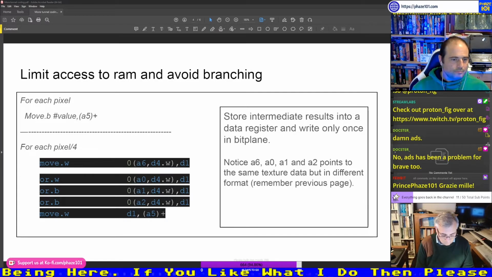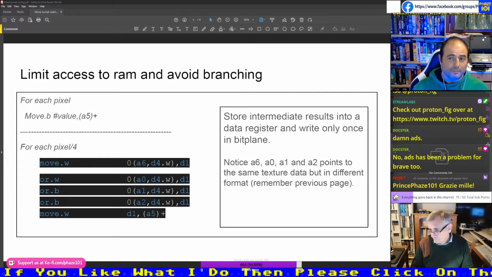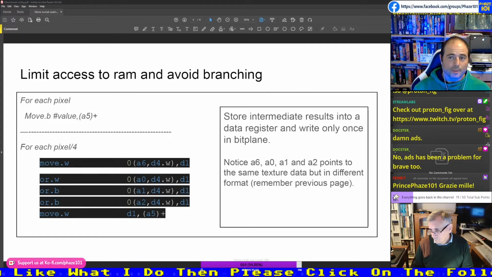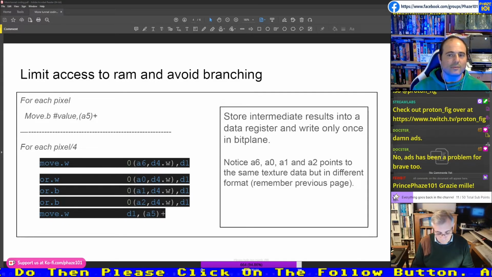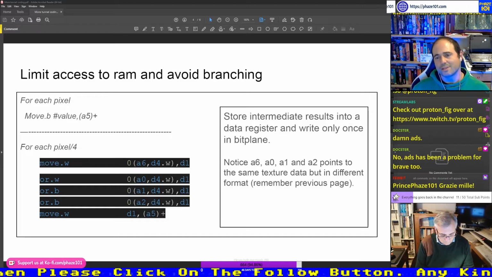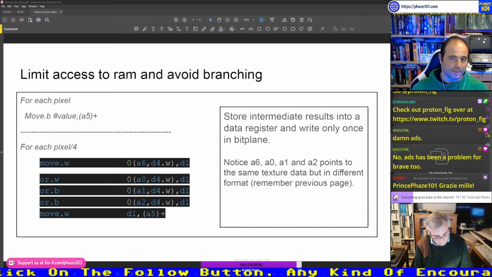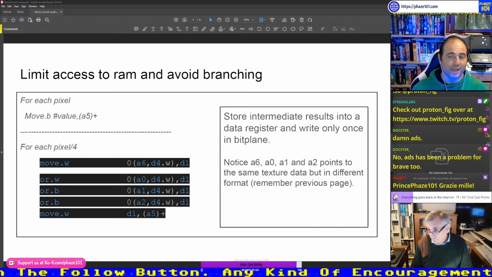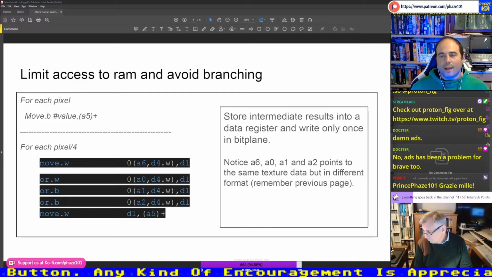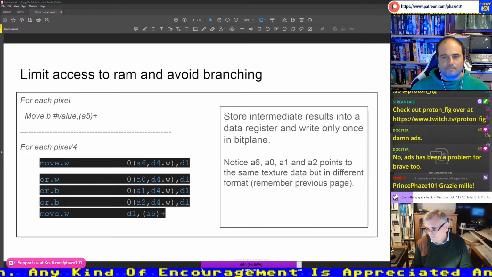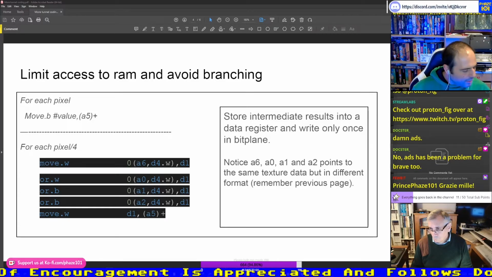So this is the idea, and it worked really very, very well. I gained a lot of time, and again, I had to trade some chip memory, because I have to store the XOR texture 4 times instead of 1. But I gain some speed. That's the plan. And let me check.